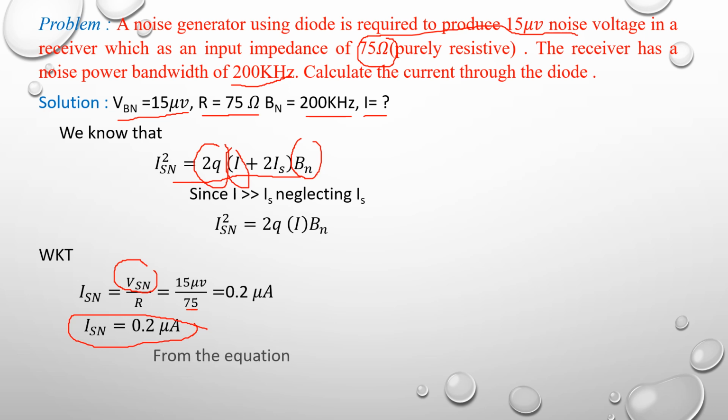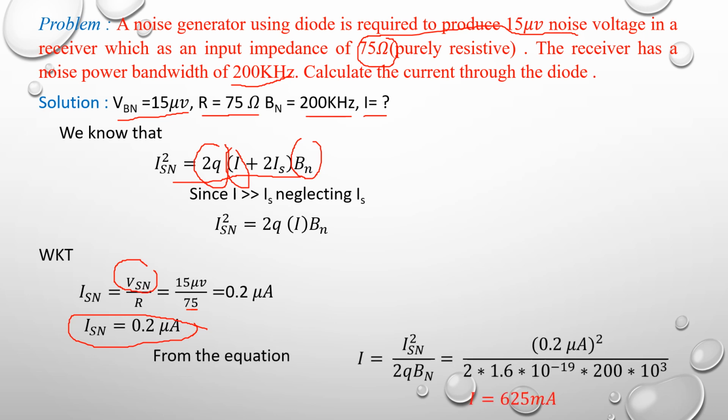Now we have to find out the current I. From the equation, just modify it, retaining I as it is. I is equal to ISN square divided by 2Q into BN. Now substitute the ISN value, 0.2 microamps.